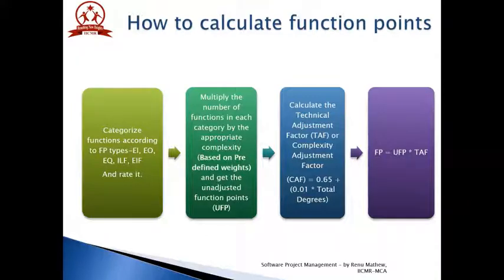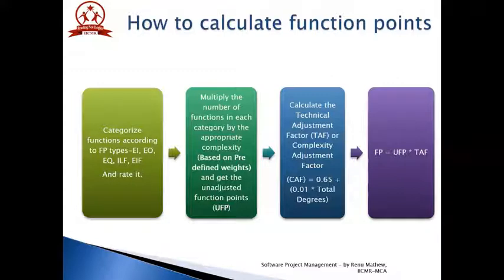The second step is to multiply the number of functions in each category by the appropriate complexity. The complexity can be low, average, or high, and this gives the unadjusted function points.